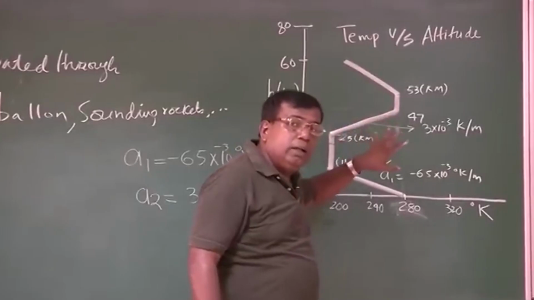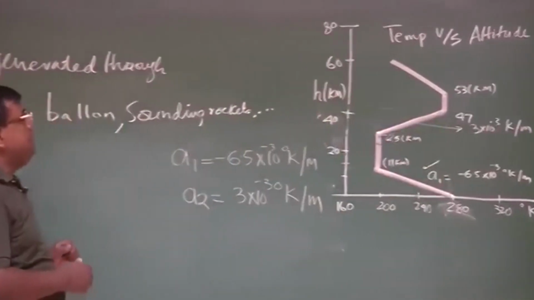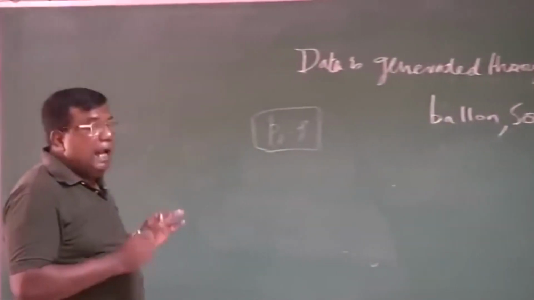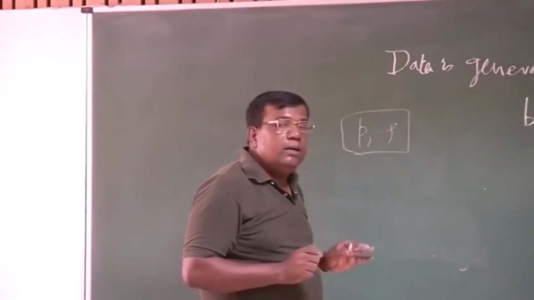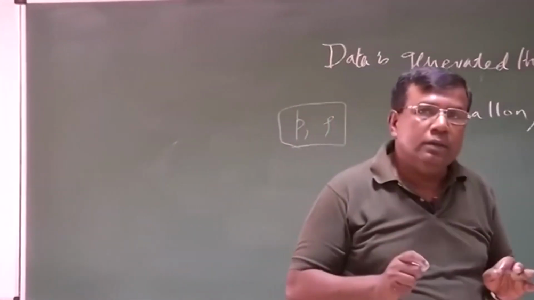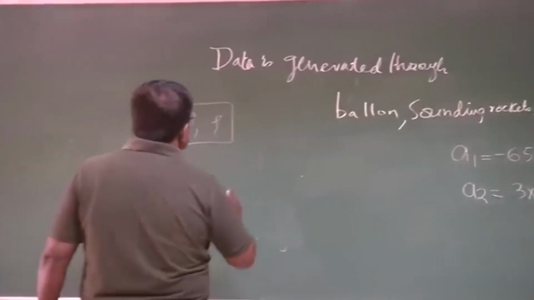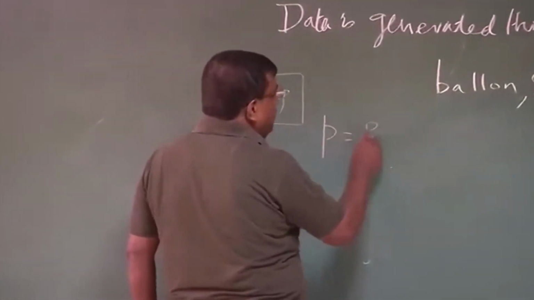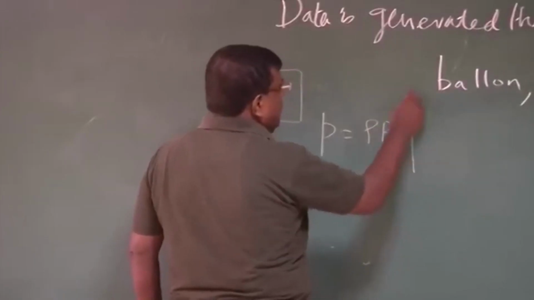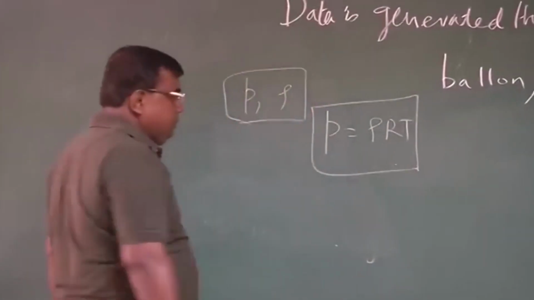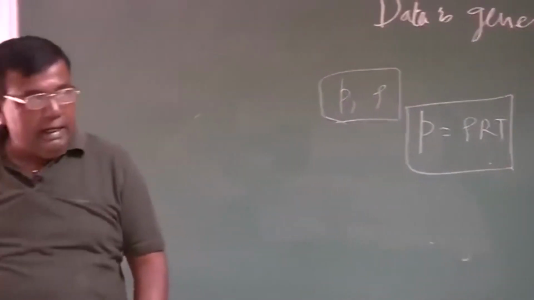And how do I do that? That is done simply by assuming that the air follows the perfect gas law. That is, P equal to rho RT. That is, we will be treating air as following the perfect gas law.